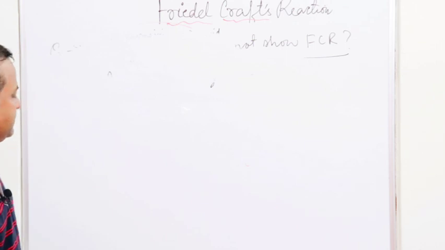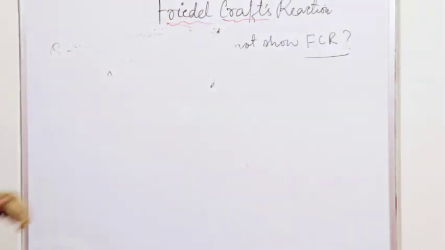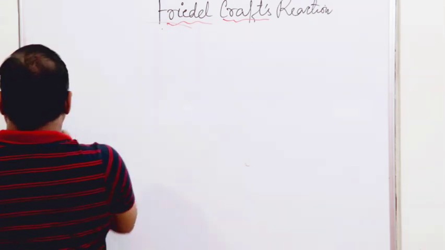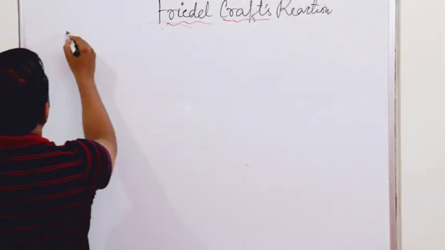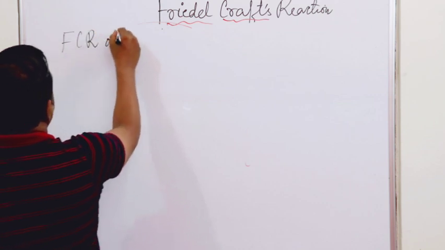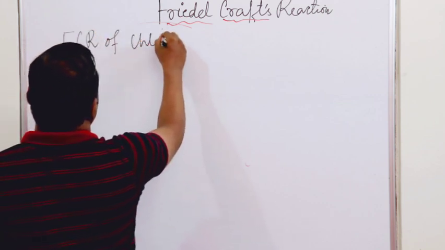The first part is chlorobenzene. We will take the example of chlorobenzene and try to find out what will be the product. Friedel-Crafts reaction of chlorobenzene.